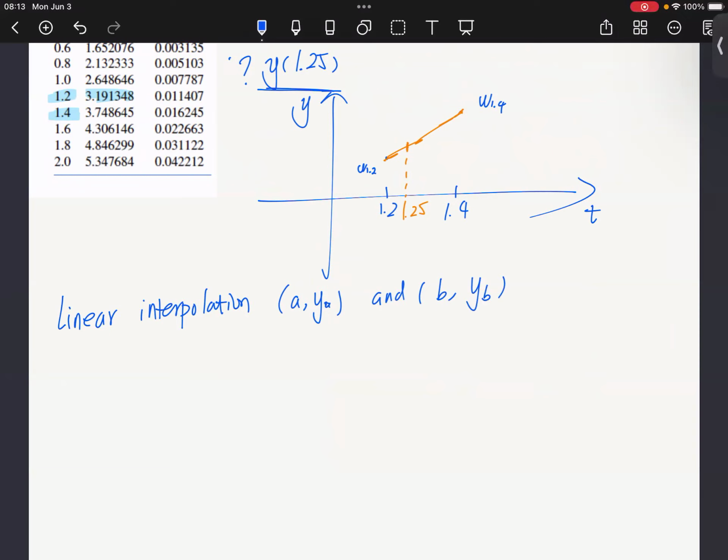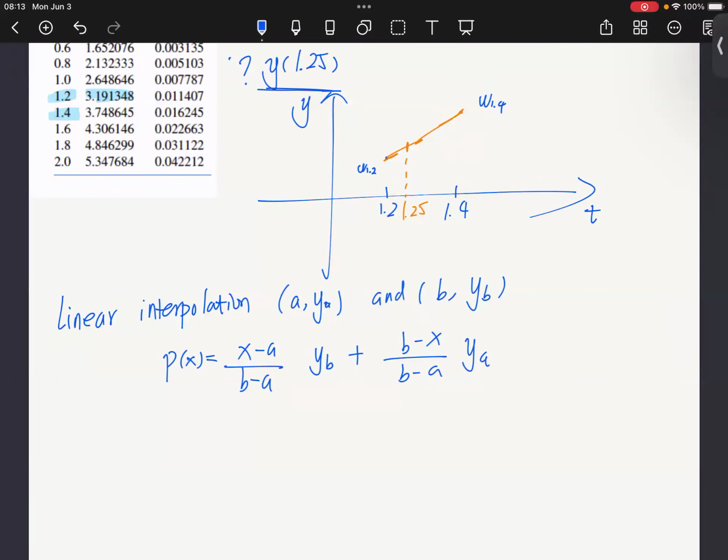The linear interpolation polynomial looks like this, and I use p(x) to represent it: p(x) = (x minus a)/(b minus a) times y_b, plus (b minus x)/(b minus a) times y_a. This is the linear interpolation between these two points.